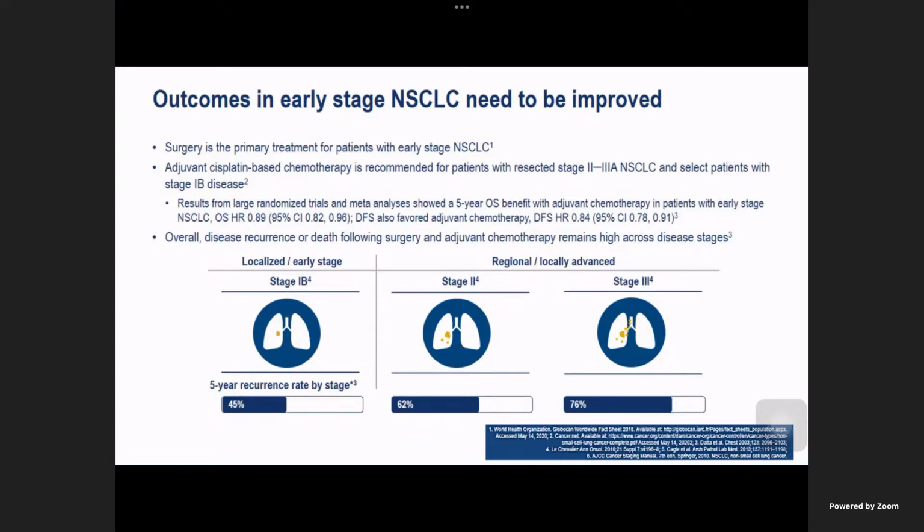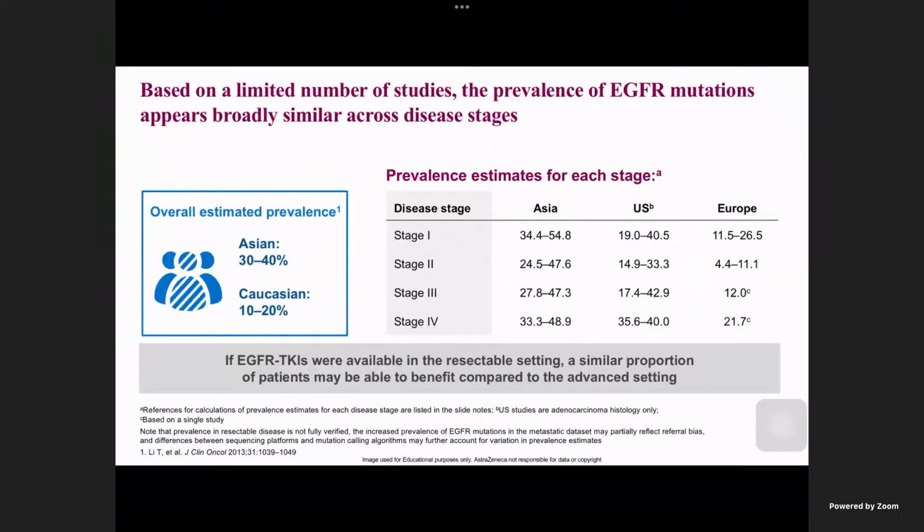In stage 2, the risk of recurrence is 62%, and in stage 3 close to three-fourths of the patients relapse. So there is huge scope of improvement there. These are the patients we say are potentially curable, early stage disease.